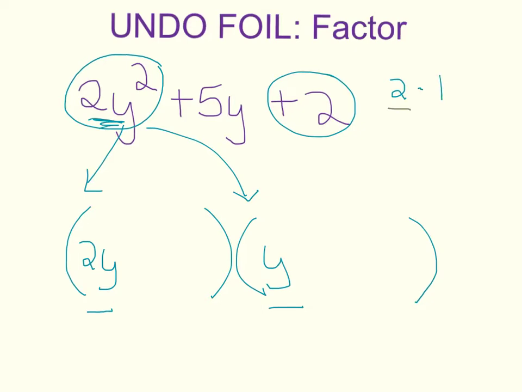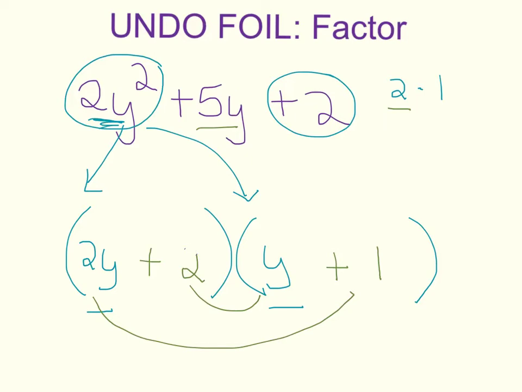Let's place the 2 in the first binomial and the 1 in the second binomial. And then let's check to see if when we multiply our outside terms and our inside terms, we get 5y. So in this case, 2y times 1 is 2y, and then 2 times y is 2y, and 2y plus 2y is not 5y.